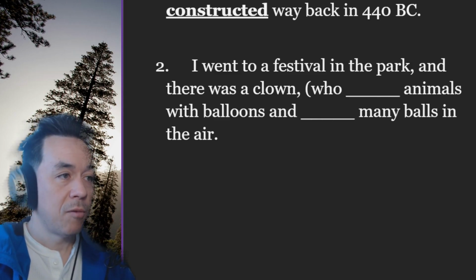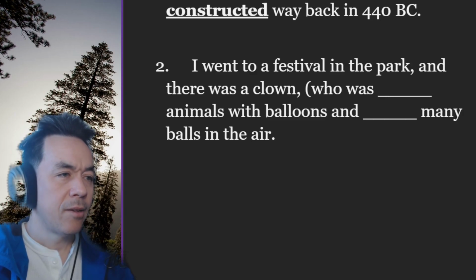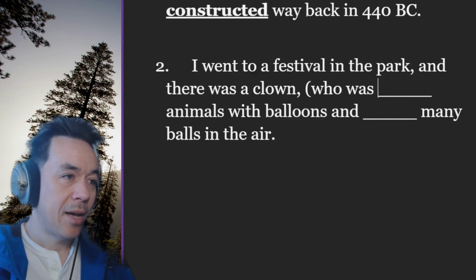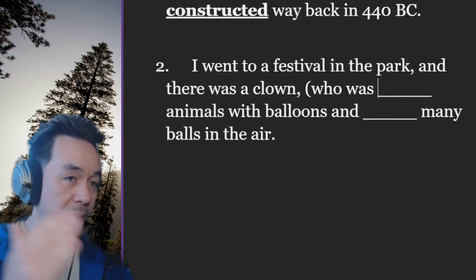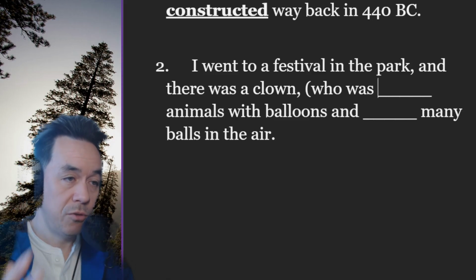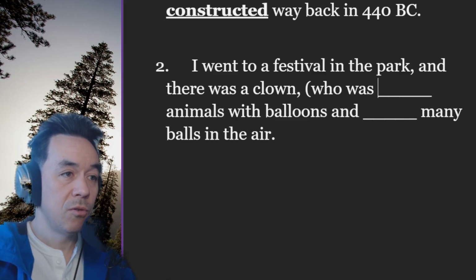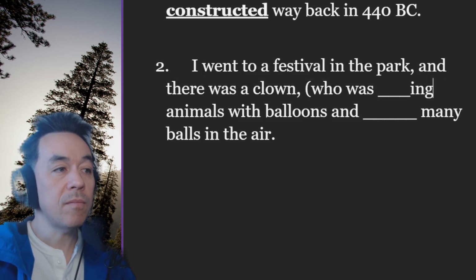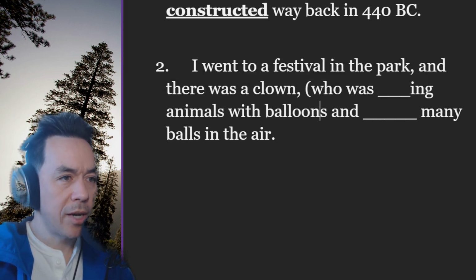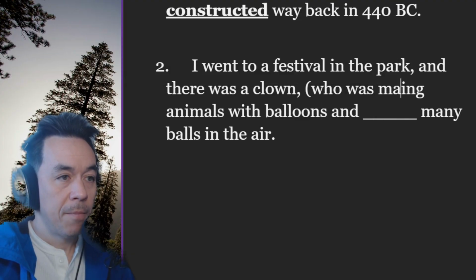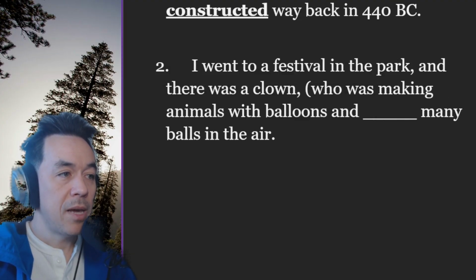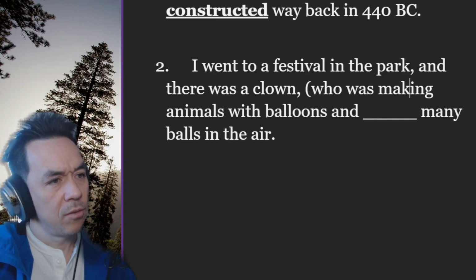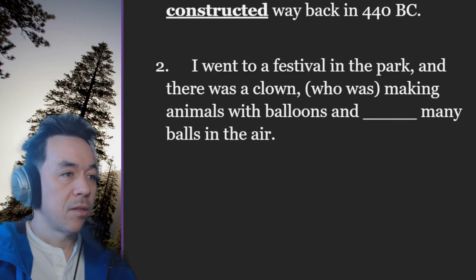And this is past tense, I went, so we know it's who was. And in this case, this is not the passive case. The clown is doing something. So who was, we know this is something-ing. Animals with balloons, balloon animals. Who was making animals with balloons. I think that's the answer.